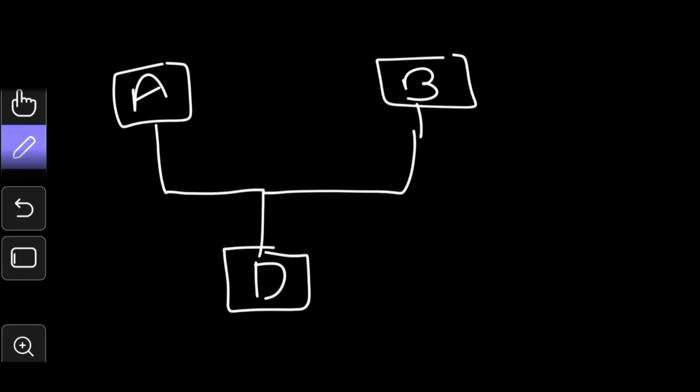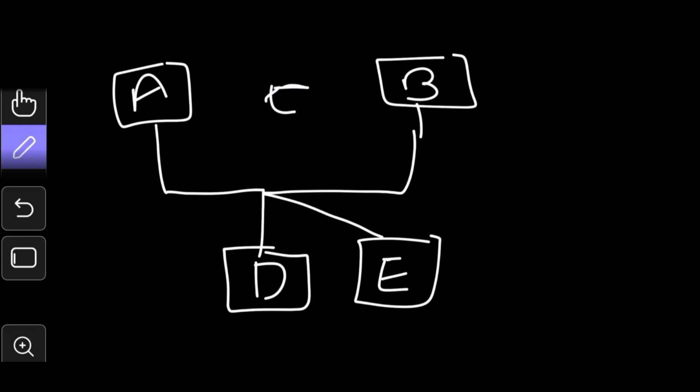Again, there can be one derived class or more than one derived class from the same parents. So this can also be a multiple inheritance. Also, there can be two parent classes or three parent classes. And we need to know who is the parent, so this arrow is important.